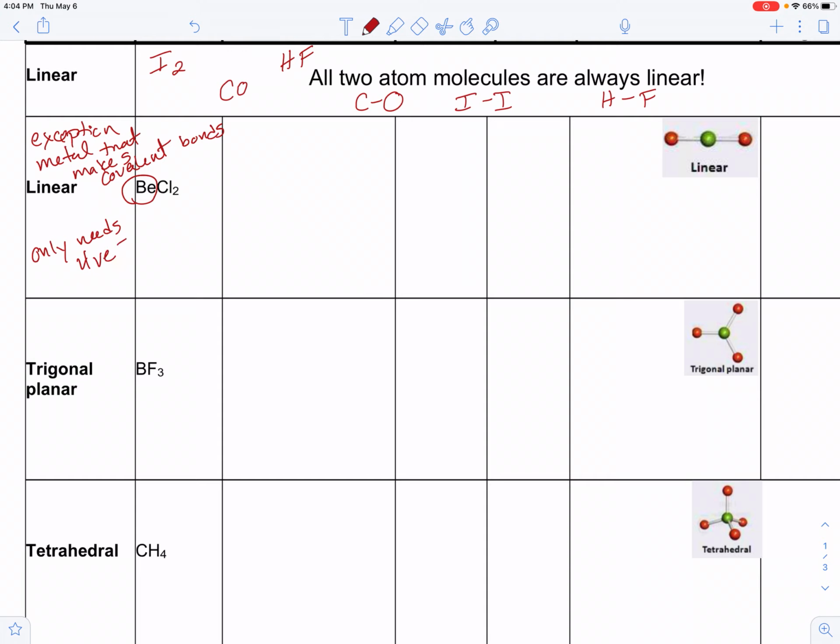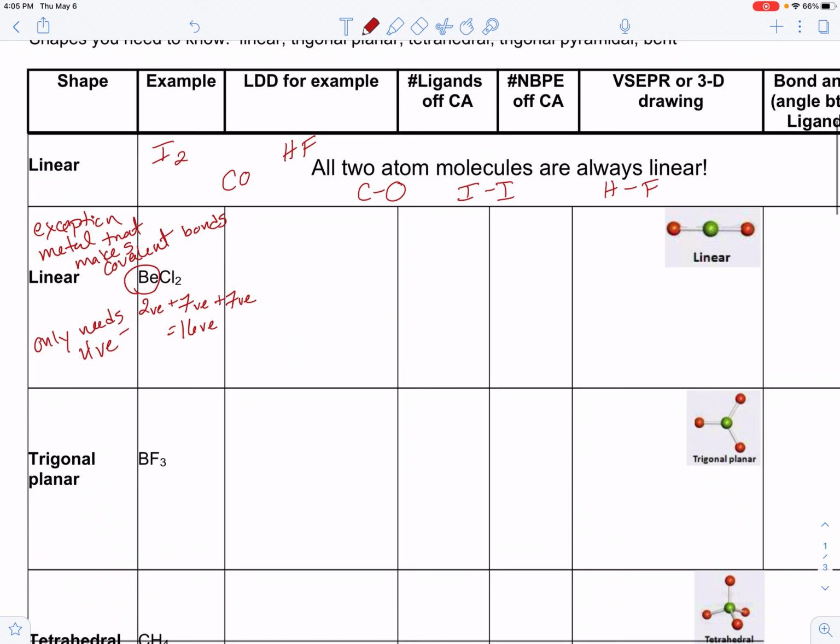All right, so beryllium has 2 valence electrons already. Each chlorine is bringing 7 valence electrons. And so I get to use in my picture 16 valence electrons. So the first thing I'm going to do is draw my Lewis dot diagram. So my Lewis dot diagram gives me information about where my central atom is and how many branches are coming off my central atom.